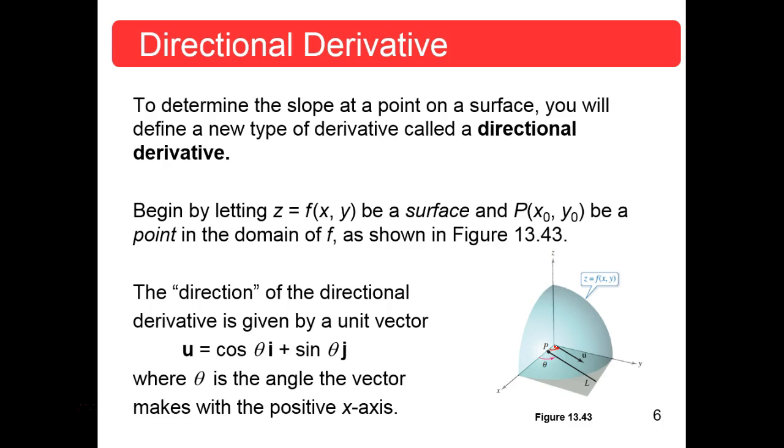So I think, in a sense, we sort of got things a little backwards here. There is a point P, x0, y0, okay? That's somewhere there on the domain, the xy plane down there, okay? You've been given a unit vector, cosine theta i plus sine theta j.